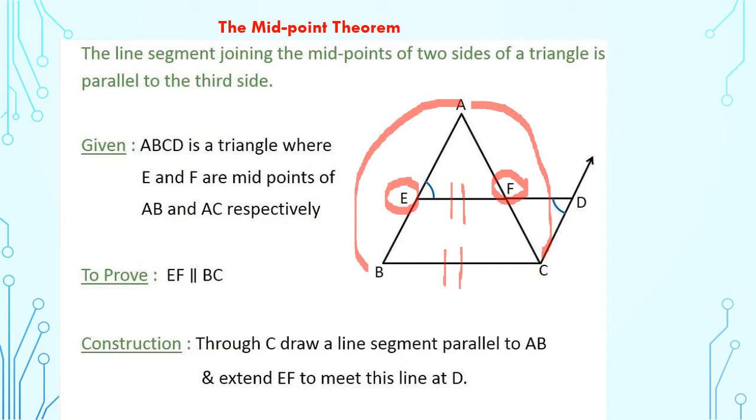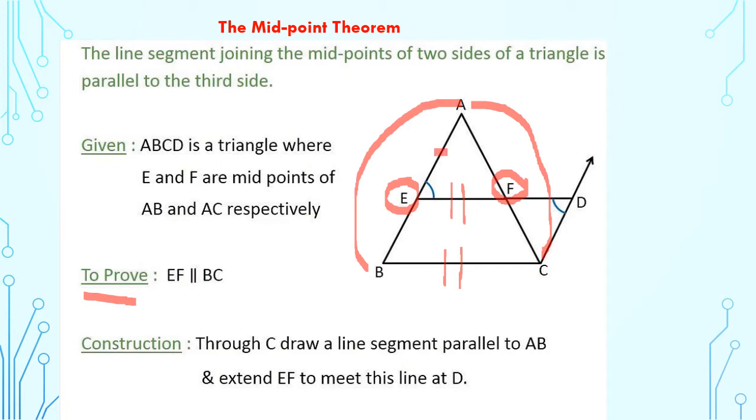ABC is the triangle where E and F are the midpoints of AB and AC respectively. I showed you just now. And EF is parallel to BC is to be proved. For construction, you draw through C a line segment that is parallel to AB, right?